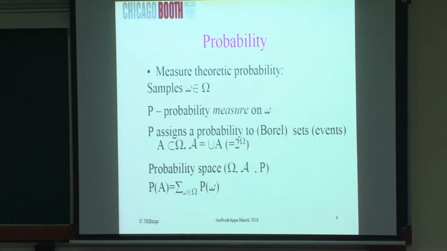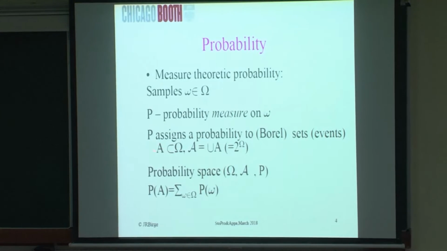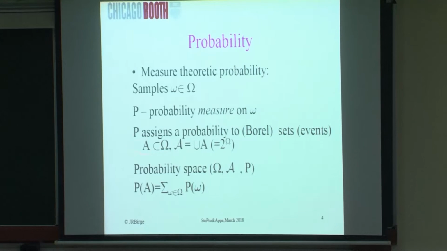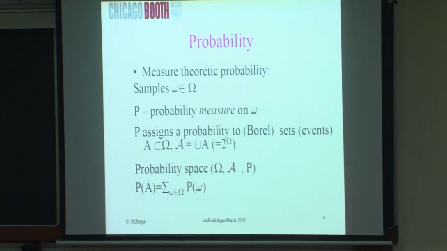So that means there's a lot, and obviously if this is infinite, this is a pretty big number. But we just want that probabilities are going to be able to assign this number. So think of probability as an assignment. It's an assignment to each of these sets, giving us a number that's between 0 and 1.